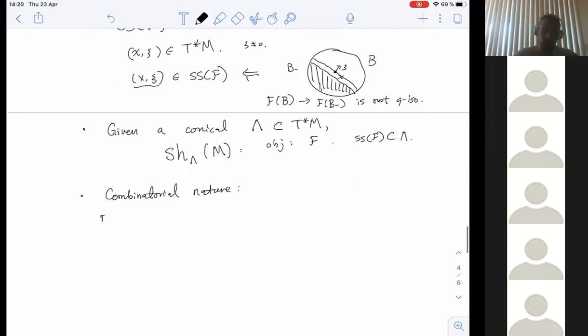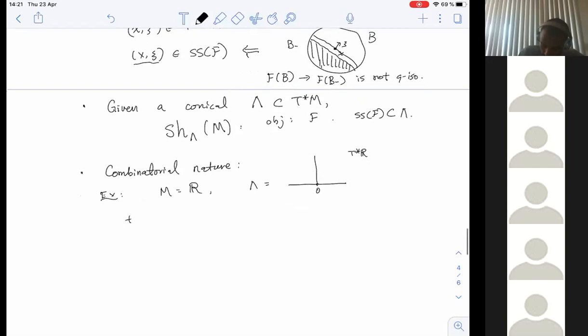For example, on a real line, suppose your lambda is like this. So the zero section plus the positive conormal to 0, and then, well, maybe let me make it easier.